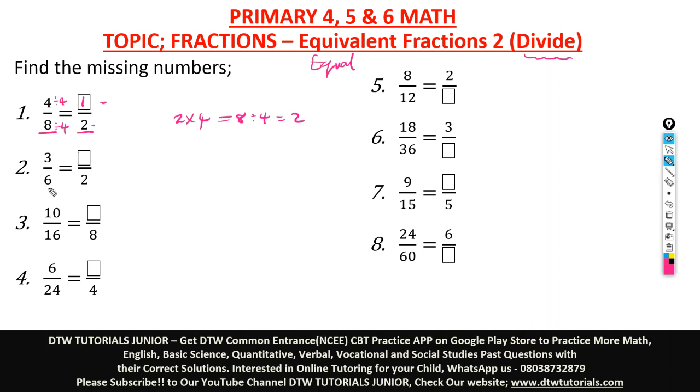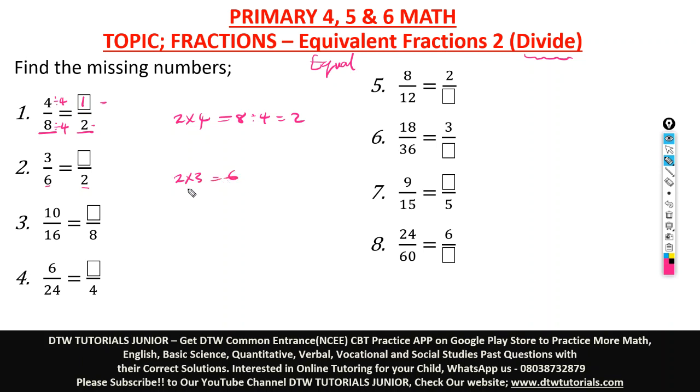Let's go here. This is 6 and this is 2. There's a reduction, so 6 has to be divided by something to give 2. How do you find out that number? Come to your multiplication table. 2 times 3 gives you 6.